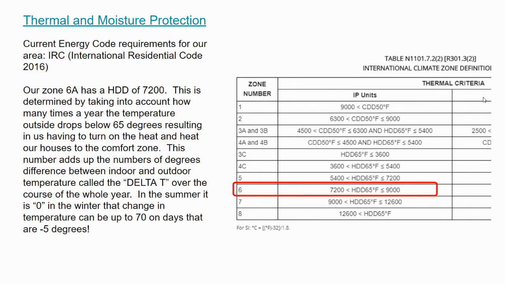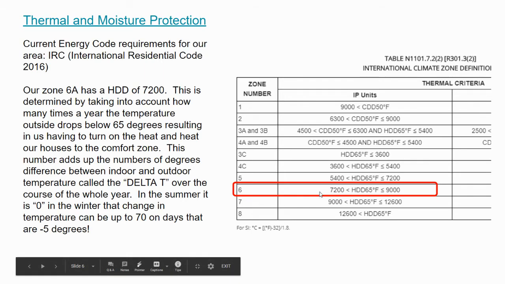The other piece here is just in metric units, so I just took the imperial ones. Delta T, remember, is the change in temperature from inside to outside that's giving us this value for our heating degree days over the course of the year.